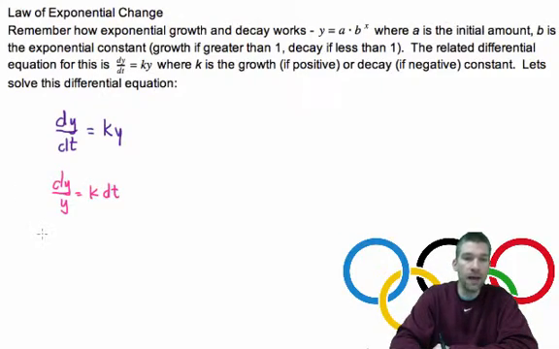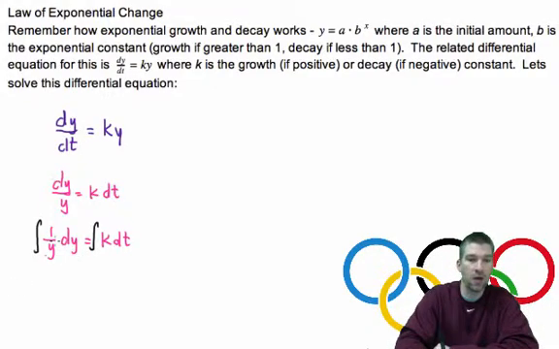An easier way to think about this is 1 over y dy equals k dt. Now integrate both sides. This is going to be a little on the weird side, but work with me because we're headed someplace grand.